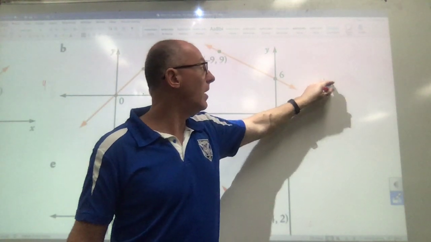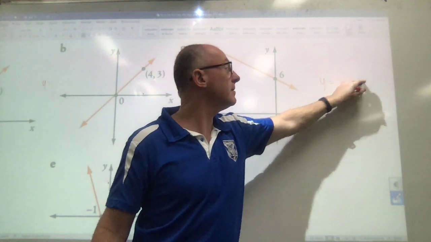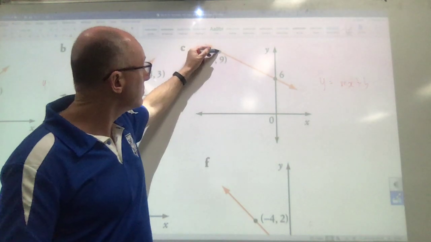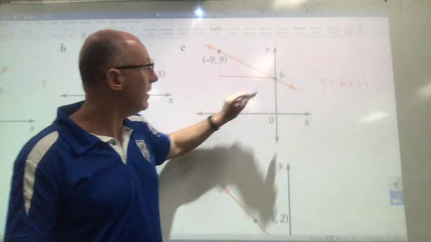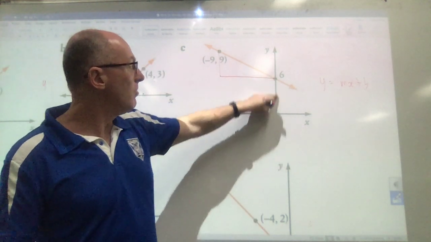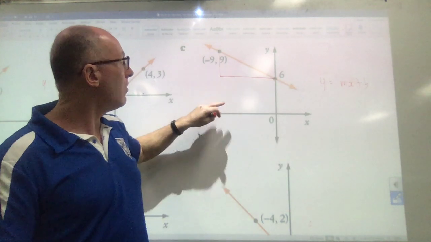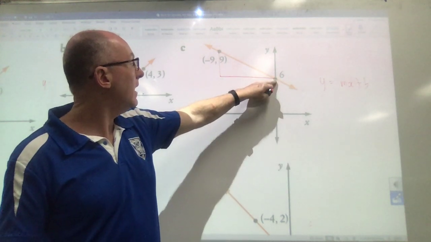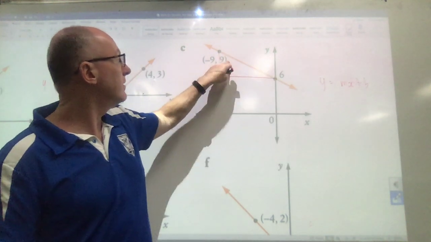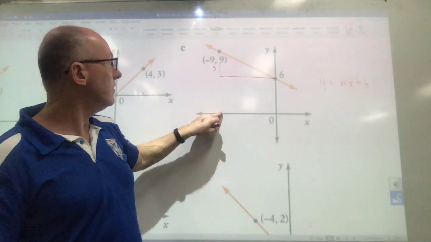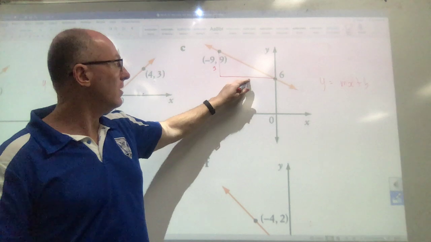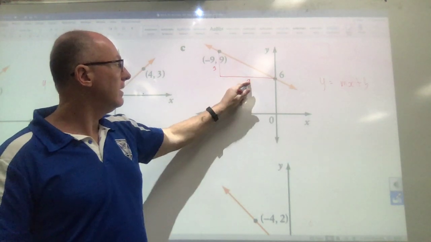It's in the form of y equals mx plus b. Let's draw a little triangle here. Got to use a bit of logic to work out the rise and the run. Okay, so at the moment it's 6 up. So the rise has gone from 6 up to 9. So the rise is 3. And the run's gone from 0 through to minus 9. So it's gone 9 this way.